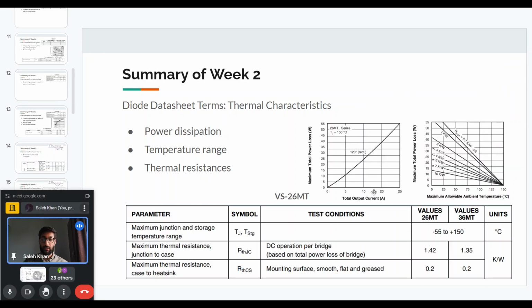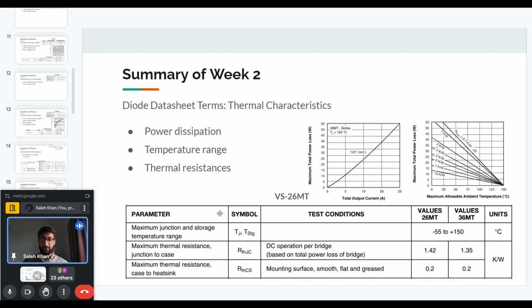So, for example, here we have one of the data sheets. It provides the maximum junction temperature as 150 degrees centigrade, and it also provides the thermal resistance from junction to case. So that is the chip to the casing of the device, and then from the case to heatsink.